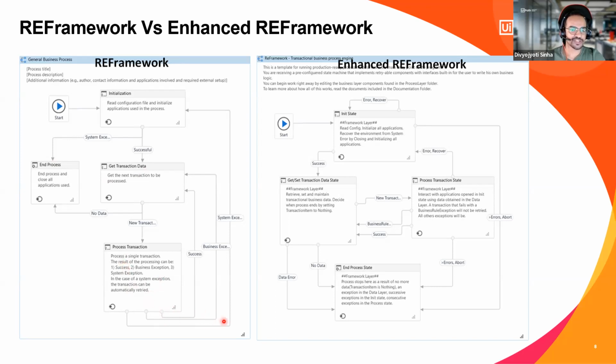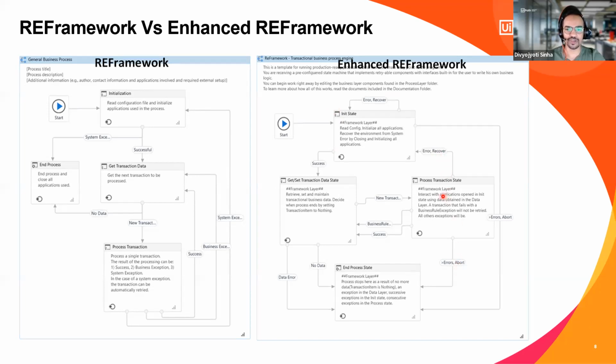Yeah, in case of process transaction data, we are traversing through the init block once again, and it is going to retry. But for the initialization state, the error recovery mechanism was missing, the error recovery part and error abort part.